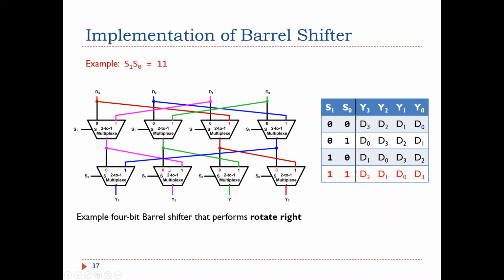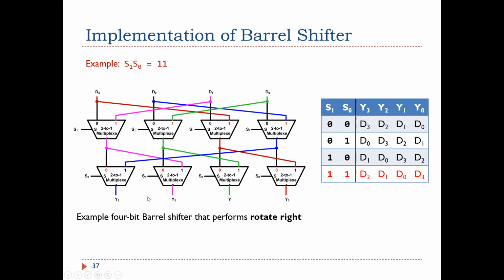And for the third stage, third bit, we're looking at this second input, and we're also looking at the second input for this one, which is D1. So D1 will be passed here, and that's exactly what we're looking for.